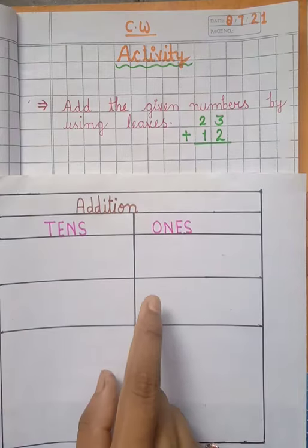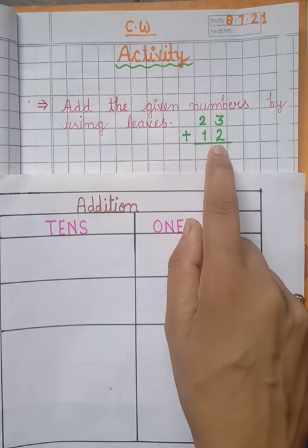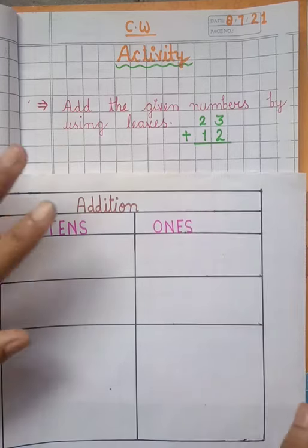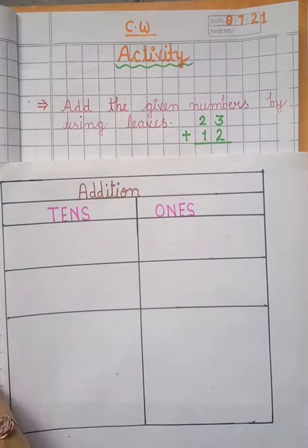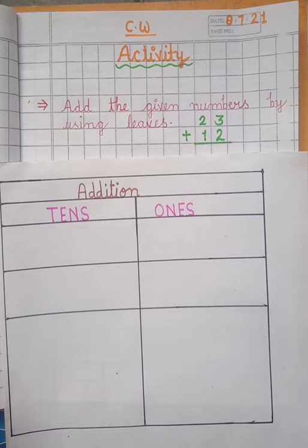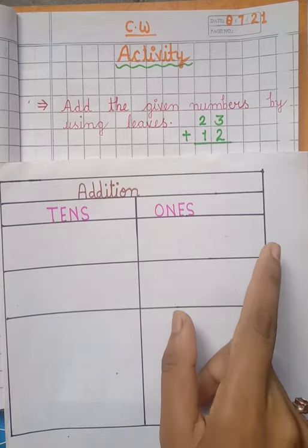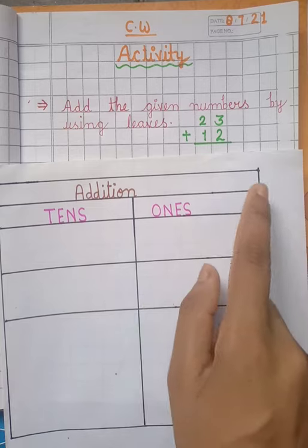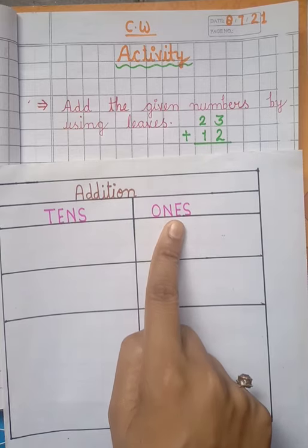Now I am going to add these two numbers. How to do it, children? As you know, I have taken two kinds of leaves. Now we have to paste and show the numbers. Children, I told you whenever we are adding numbers, we start from the right side, that means from the ones place.